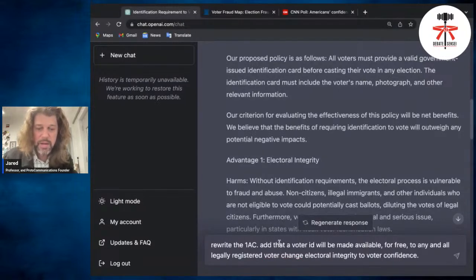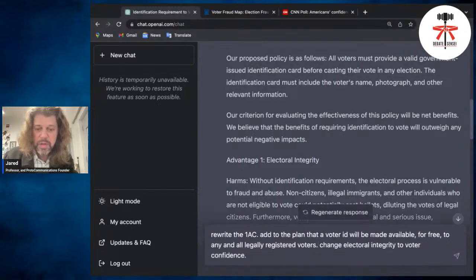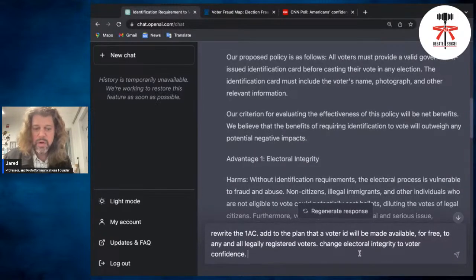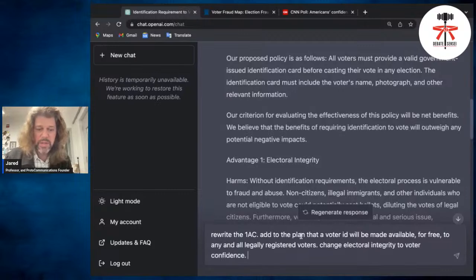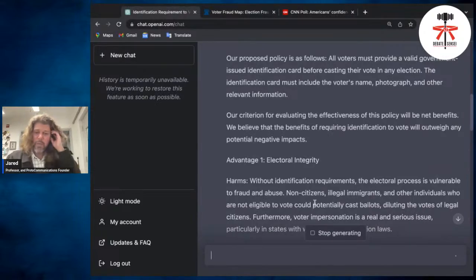Change electoral integrity to voter confidence. All right, and then rewrite it that way.